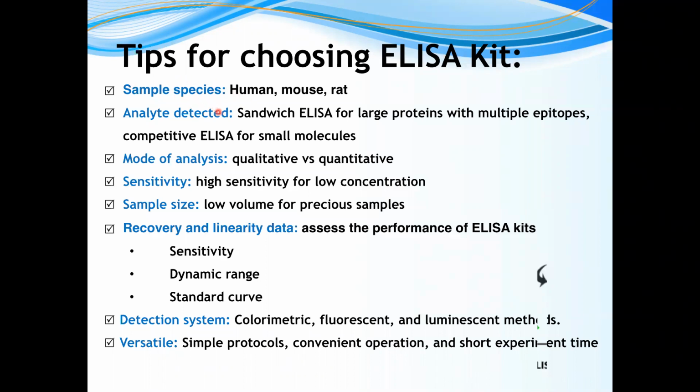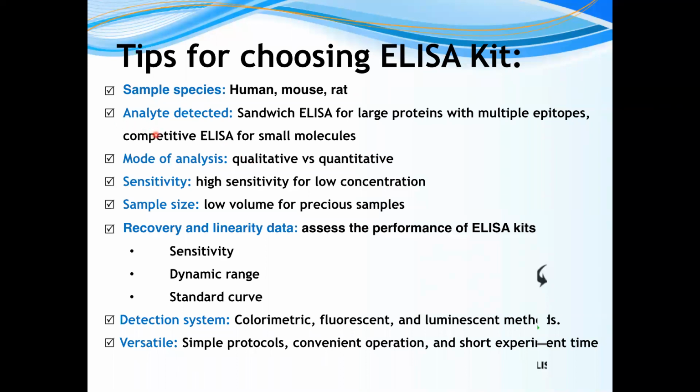Some of the very commonly used ELISA kits available in the market are for human, mouse, or rat species mainly. However, there are ELISA kits available for rabbit or goat or monkey, or for different other species. Then it is very important to understand what kind of analyte needs to be detected.